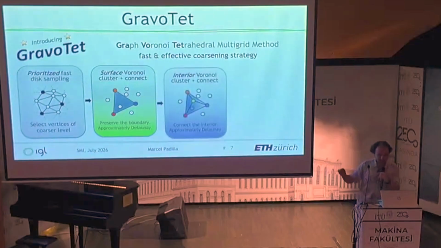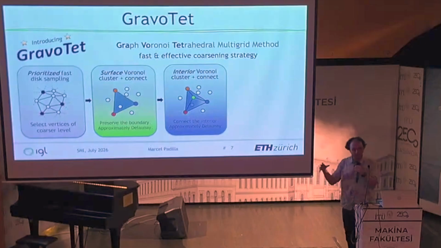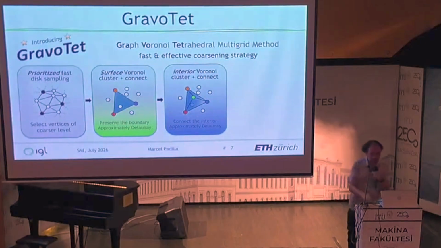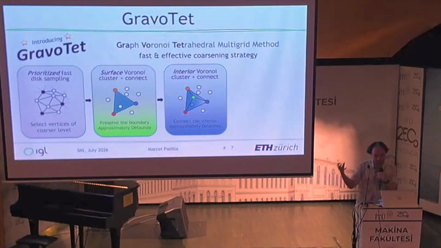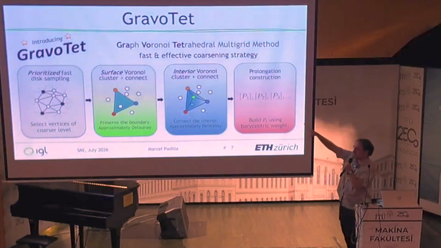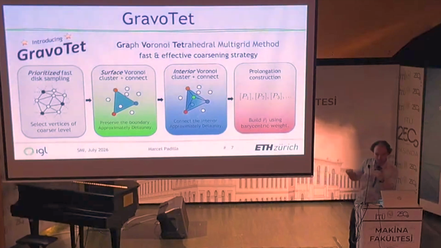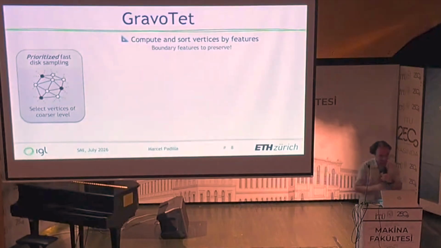I'll explain that soon. And then we continue to the interior. Once the surface is established, we can then connect the interior of our subsampling, our hierarchy. And after we have done that, we have a set of tetrahedra, and then we can compute the barycentric weights to actually get the prolongation matrices. So let's go into some details.